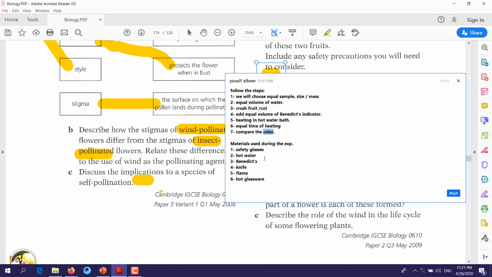The materials that you use during this experiment are, firstly, you should always use safety glasses. You will use hot water, Benedict's, a knife for cutting, a flame for heating, and hot glassware.